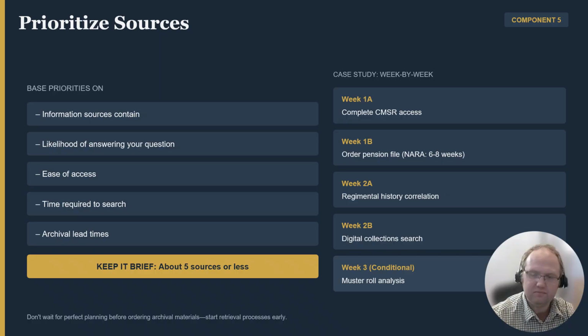So this is an example of what I call parallel processing, doing digital or local research while waiting for our distant archives to get back to you and retrieving what you need. This, I find, maximizes productivity within real time constraints.